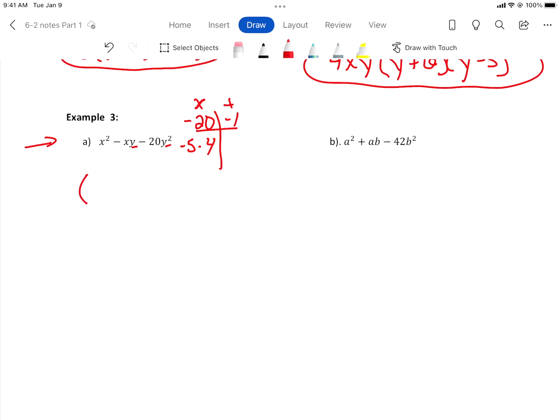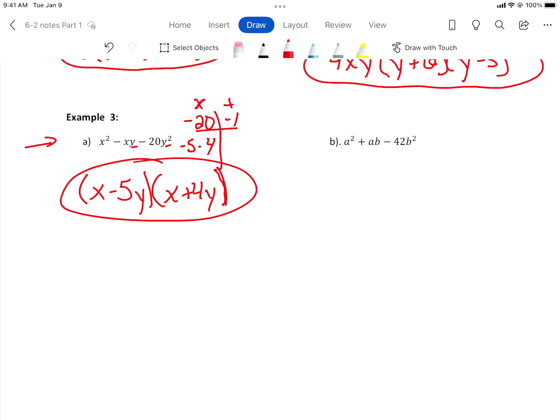The only difference is when you have 2 variables, we're going to have our x minus our 5, but if I have that second variable, I'm just going to add that variable with a number right there. And then x plus 4y. So we're just adding a variable. Add that second variable with the numbers that you find. That's all you have to do. So over here, we're doing the same thing. Multiplies to -42.